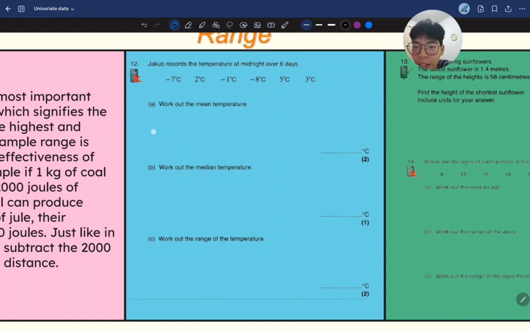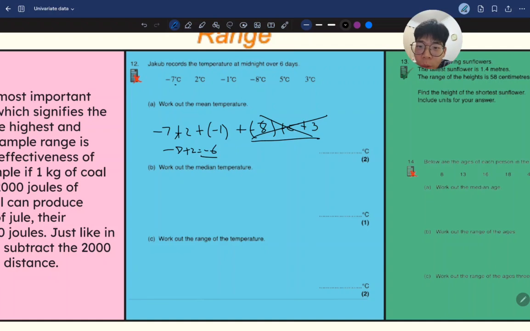We need to just add -7 plus 2 plus -1 plus -8 plus 5 plus 3. Because this disappears, this is -8 plus 2 equals -6. -6 divided by 6 equals -1. So the average is -1 degree Celsius.